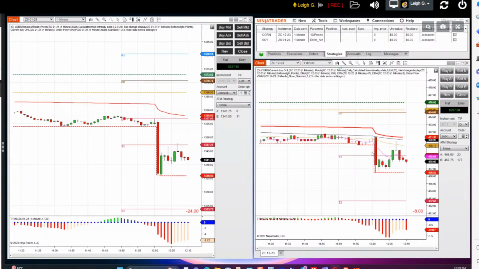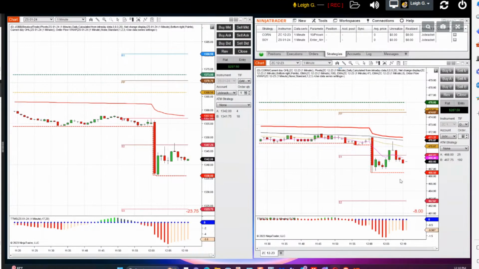Now, let me just double check. Eventually, corn did get to 66. So let's say it went 5 points. That's still only 20 ticks. Okay. Okay, folks, any questions? See what I mean about charts being spread?